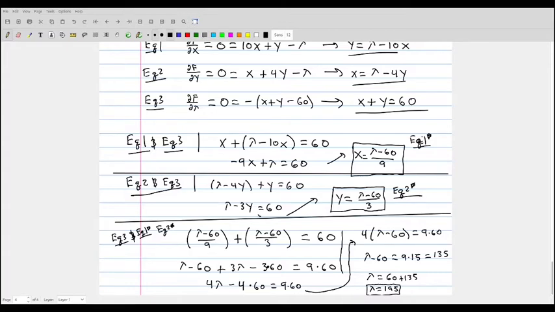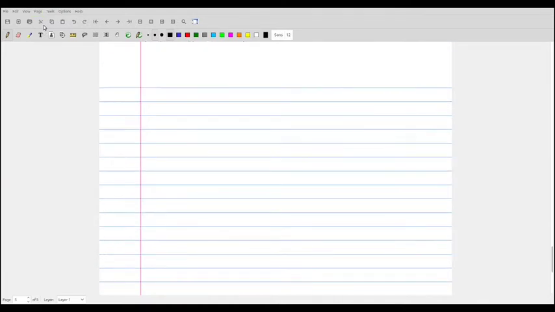And then the last step of the problem, I'll add one more page here so we can go through the last step, which is take this and directly plug in for x and for y. So we have that x is equal to lambda minus 60 over 9. This is going to be 195 minus 60 over 9, which is equal to 15.